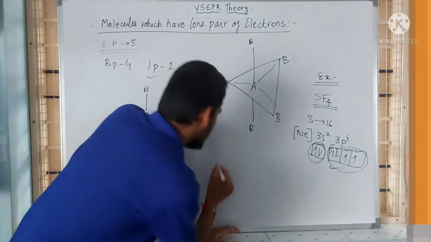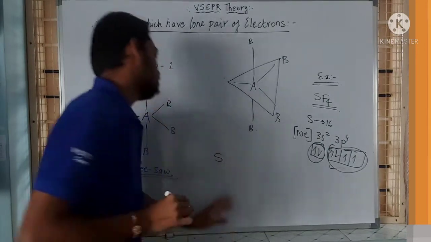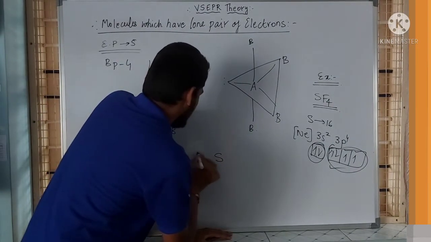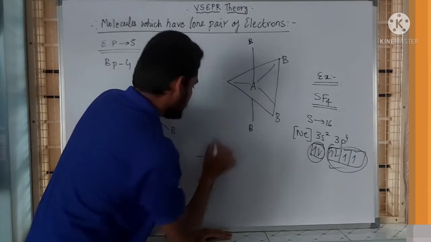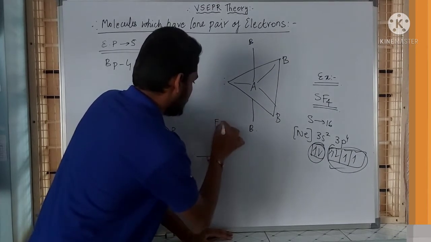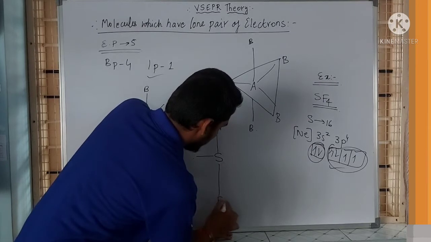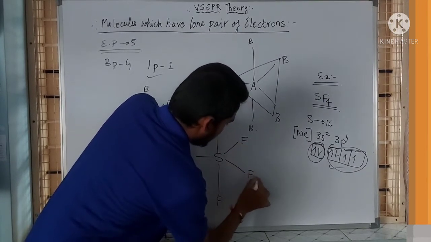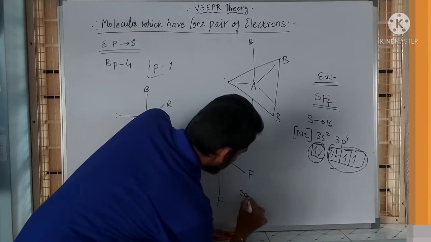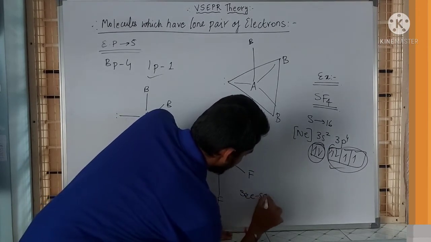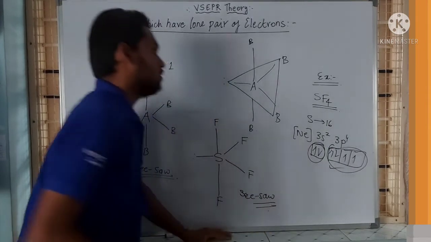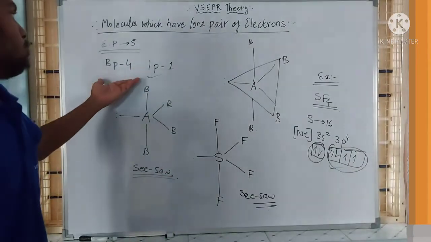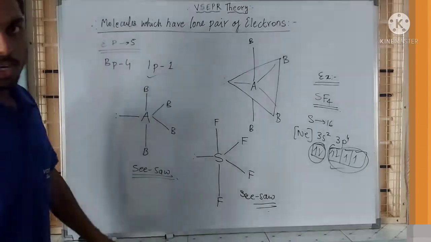If I draw the structure, it looks in this fashion. This is the sulfur central atom, and let me draw a lone pair here. This is the fluorine atom, this is another axial fluorine atom, and I need to draw 2 equatorial atoms. So this is the seesaw shape of sulfur tetrafluoride. This is the example for bonding pairs 4 and lone pair 1.